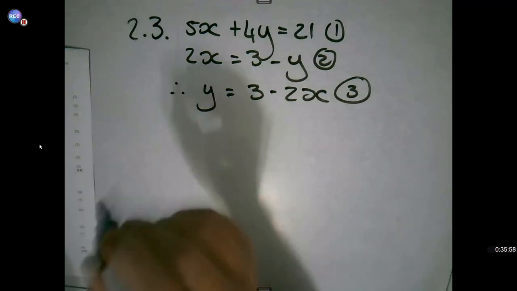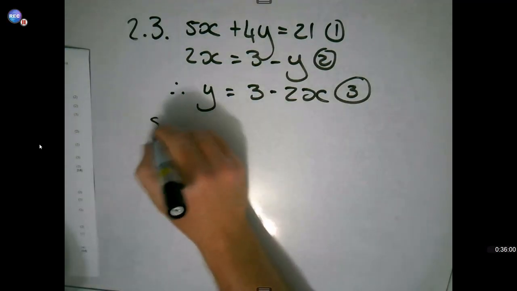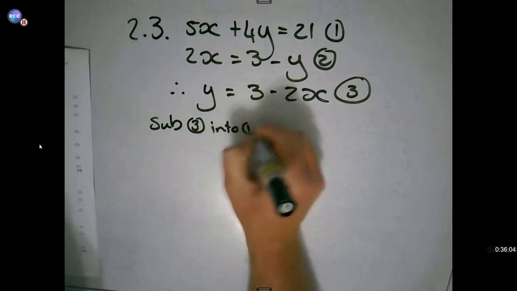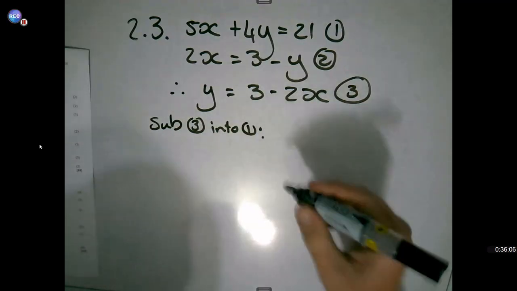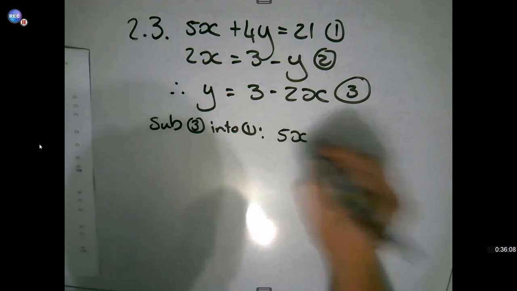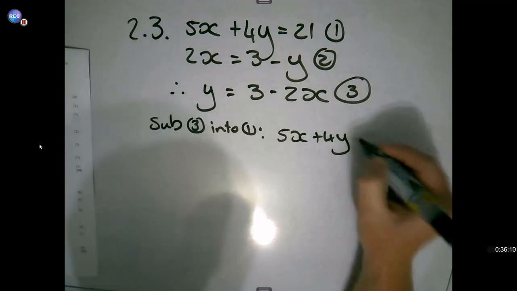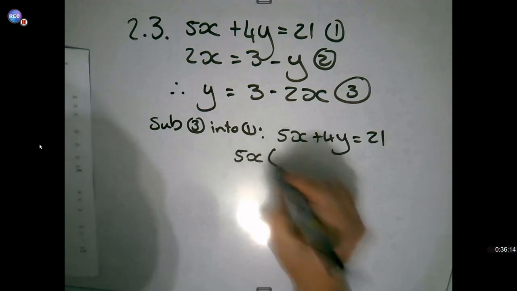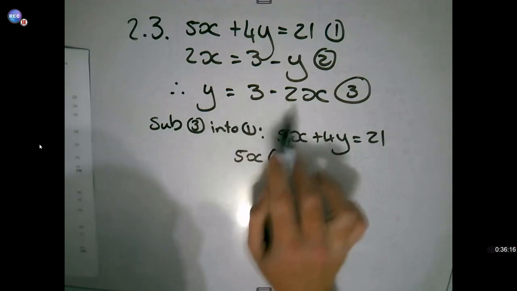Okay, so I say sub 3 into 1. I say 5x plus 4y is equal to 21. Now when I substitute, you must understand that I've got y's value already.